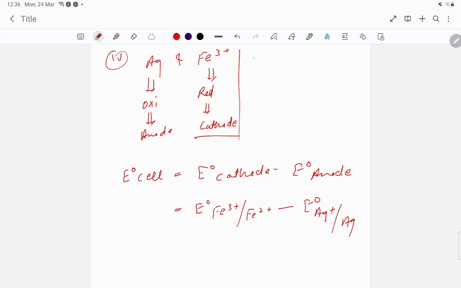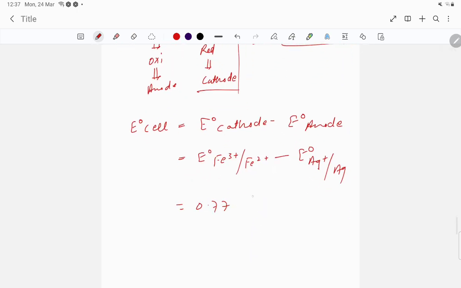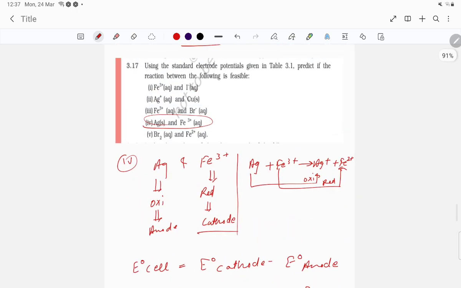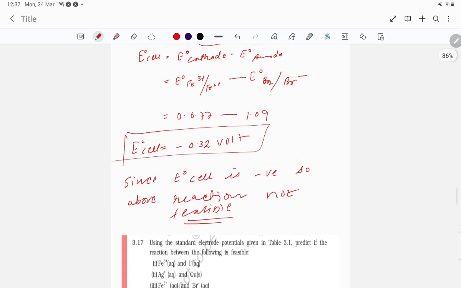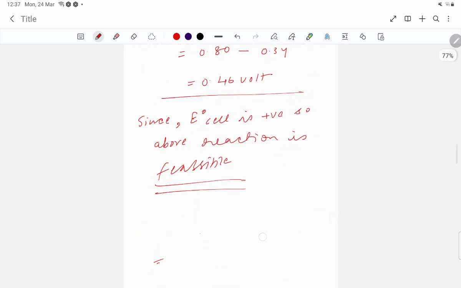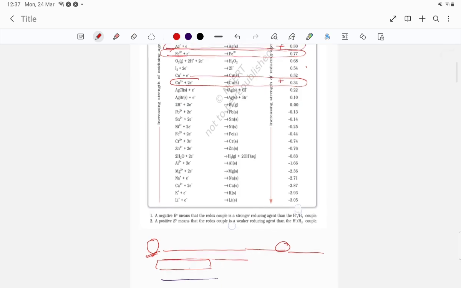Because if you are writing the equation, student, how can you frame the equation? It can be framed like that: Ag plus Fe3+ will convert into Ag+ plus Fe2+. So here this is the oxidation and this is the reduction. Now Fe3+ value 0.77, just now we have seen, and Ag value 0.80, student, you can see in the table also.